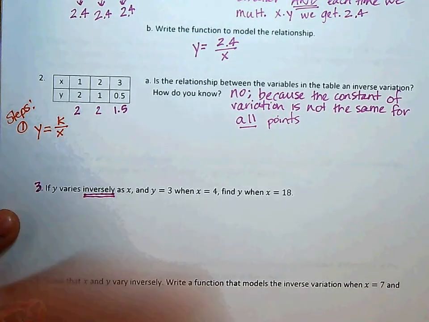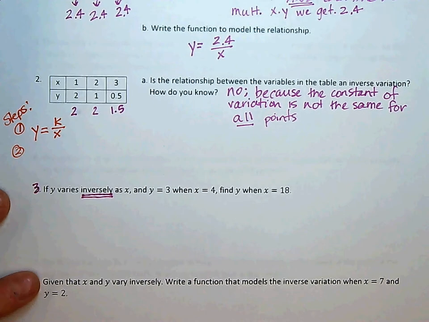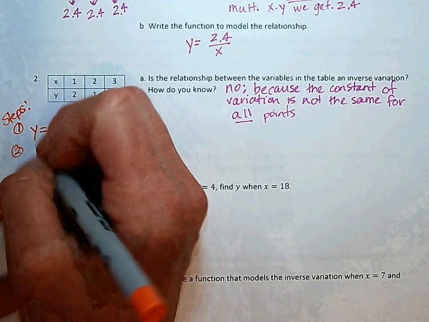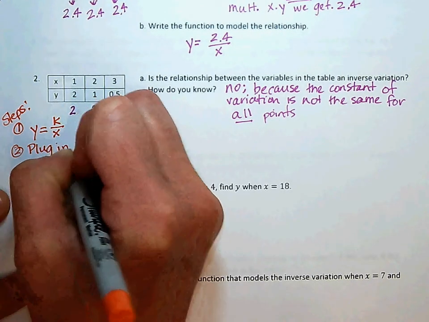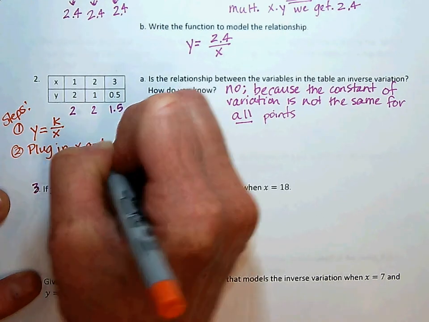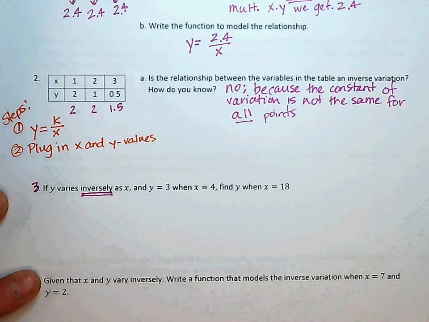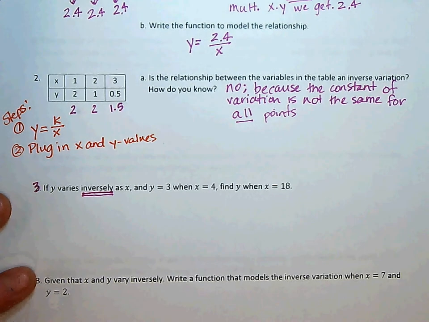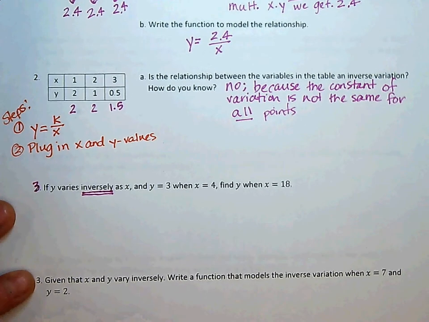What's step 2? Plug in your x and y values. What's step 3? We'll do the steps and then we'll go solve for k. Good.